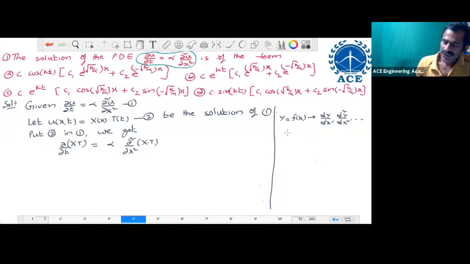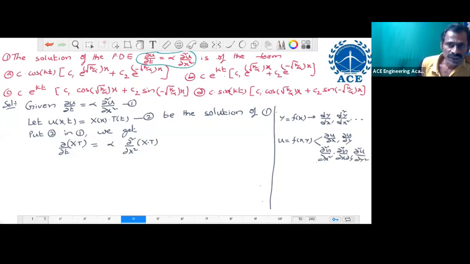Suppose the function is a function of more than one variable, u equal to f of x comma y. Then the derivatives are partial derivatives only: dou u by dou x, dou u by dou y, dou square u by dou x square, dou square u by dou x dou y, dou square u by dou y square.